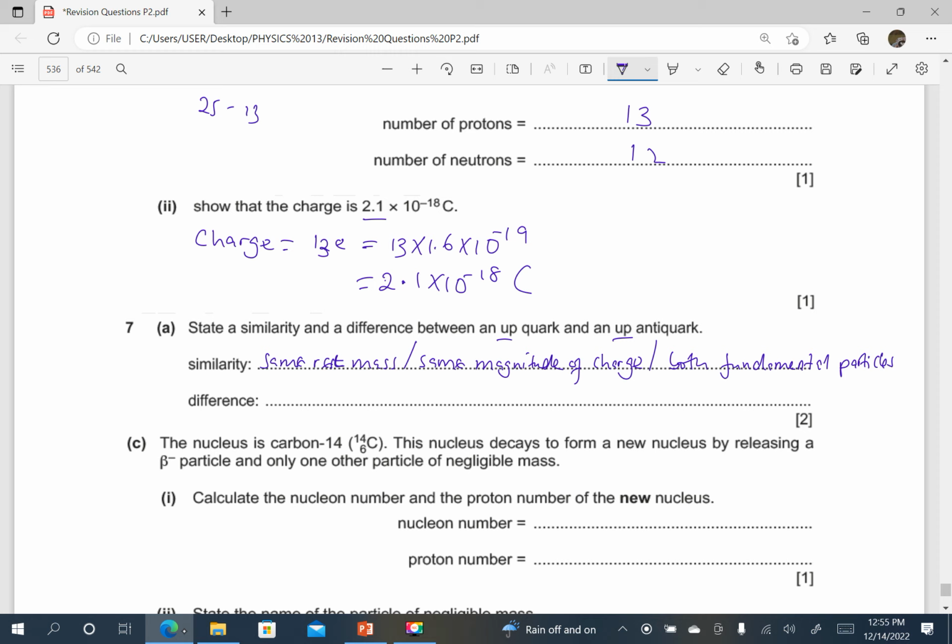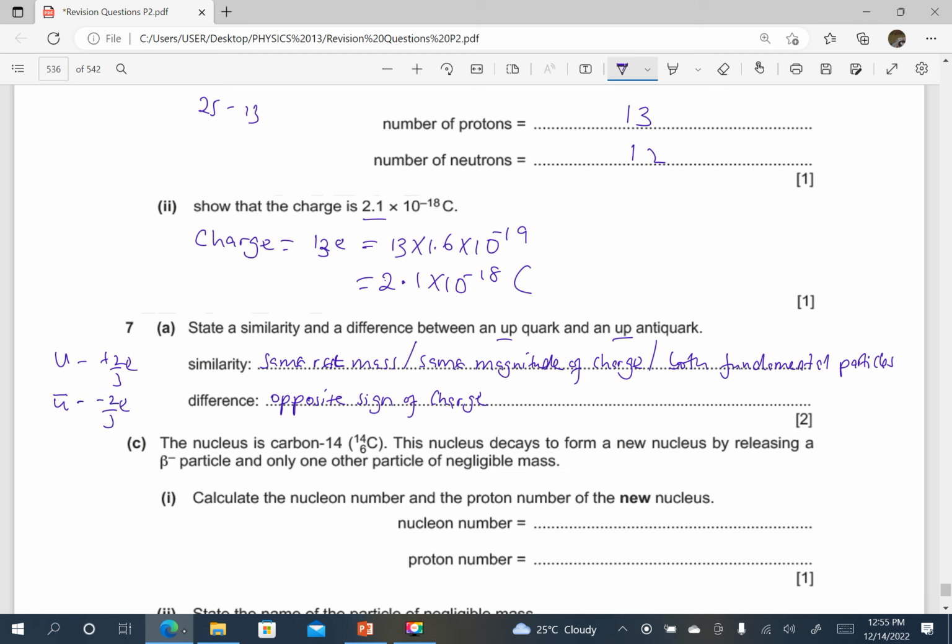Then differences. Although they have the same magnitude of charge, they have opposite sign of charge. I said the word opposite cannot be replaced with different. So opposite sign of charge. Remember, an up quark has a charge of positive 2 over 3e. An anti-up has a charge of negative 2 over 3e.